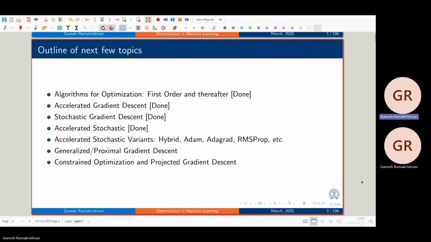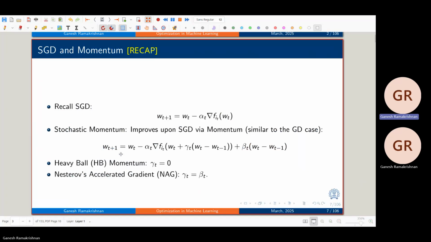We have discussed hybrid and of course all the accelerated and other versions. We'll do Adagrad and then move towards proximal gradient descent. So, recap, the accelerated version was nicely summarized, and this is going to be important.